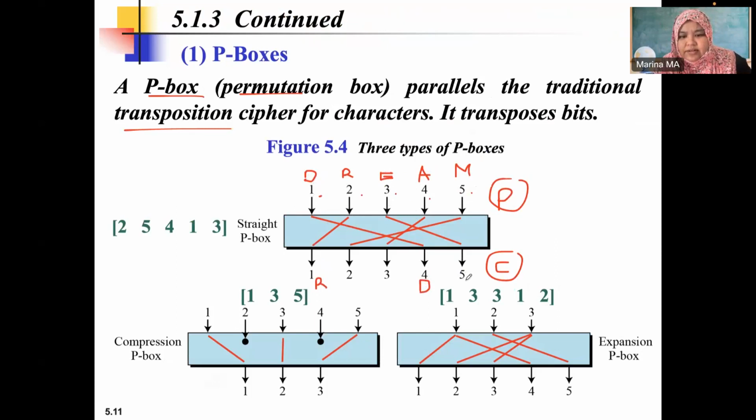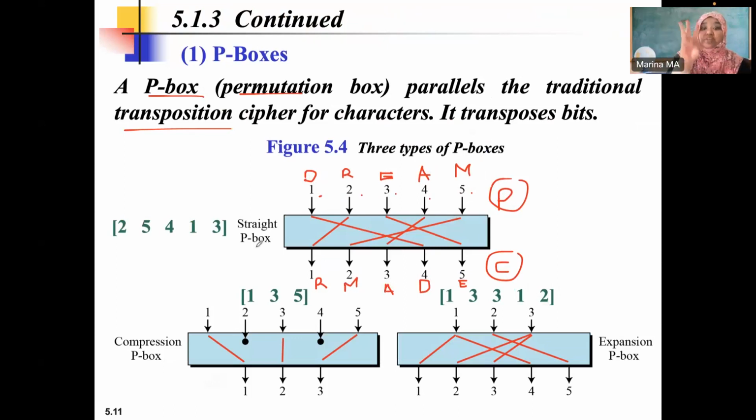E goes here, and then A here, M here. So the plain text dream becomes remade. So we transpose, we permute the bits. We call this straight P box.